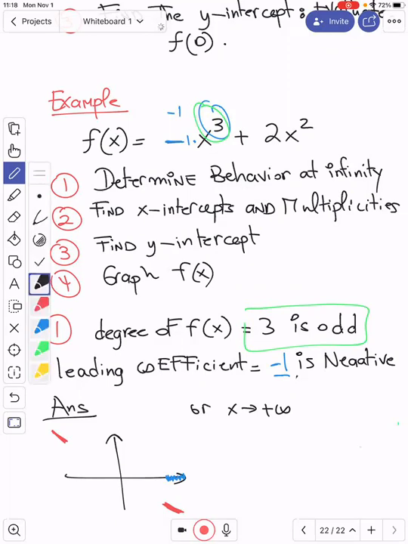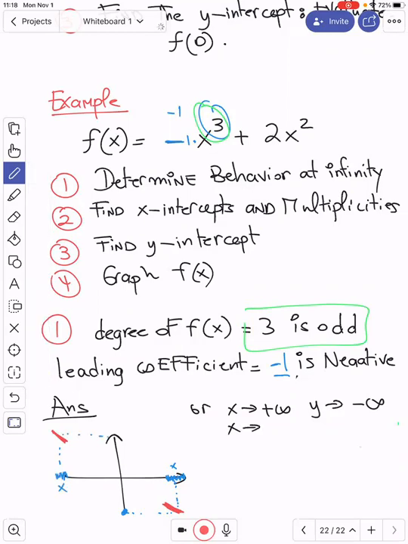So if x is right here, then the image y is going to be at negative infinity. And if x is at negative infinity right here, y would be at positive infinity. So when x approaches negative infinity, y is going to be positive.